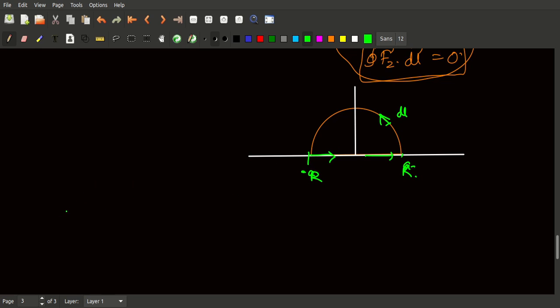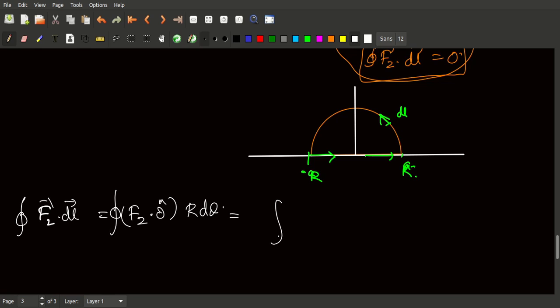So now let's do this integral. What we had was the integral of F2 dot dl, and F2 dot dl was equal to F2 dot theta cap into r d theta. This is what we had. And when you are taking this closed integral, what we can do is first integrate along the circular path from 0 to pi, F2 dot theta cap r d theta.